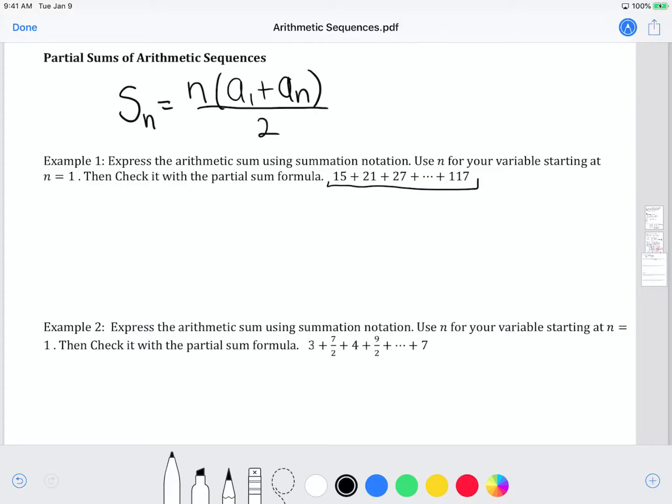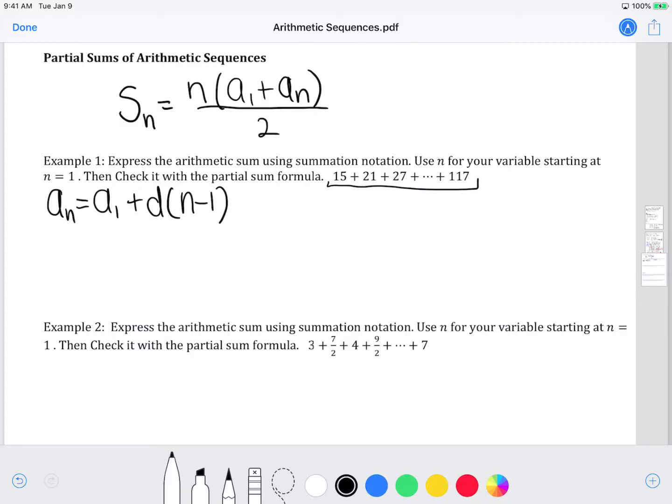So the first thing we need to do is figure out the number of terms we have in that partial sum. Since we know this is an arithmetic sequence, I can use the formula for the nth term and solve for n.